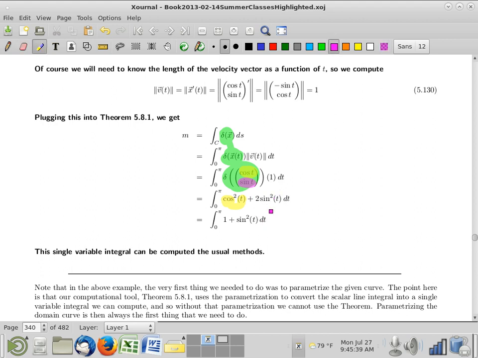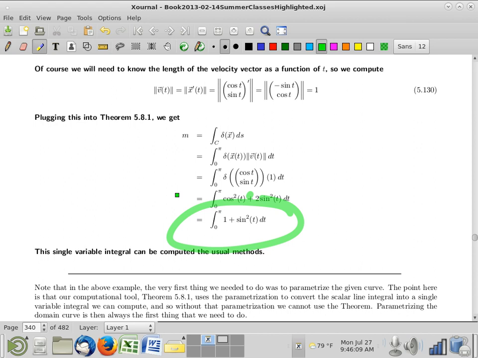Oh, whoops. Shouldn't have done the 2. So x squared plus 2y squared there. Stretching factor is 1. Don't even have to write that down after that. And now notice I've got an integral. This is a Math 111L integral, and this is something that you guys can all compute.